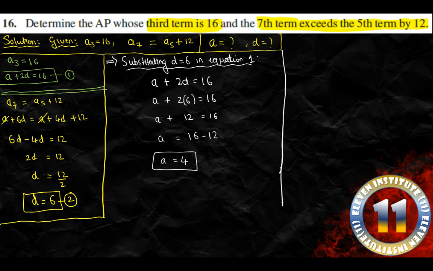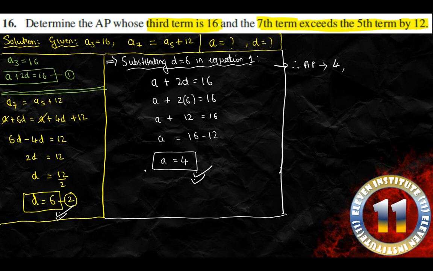So as you can see, we have the value of A over here, right? And we have the value of D over here. Now we can find anything. What we want to find, we want to determine the AP. So we can write, therefore, AP. What is the first term? 4.